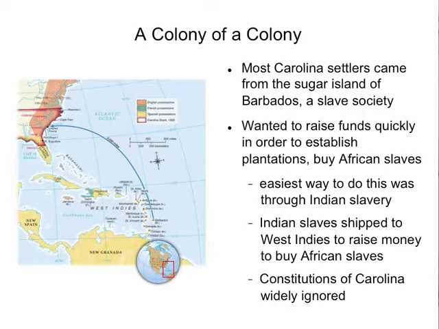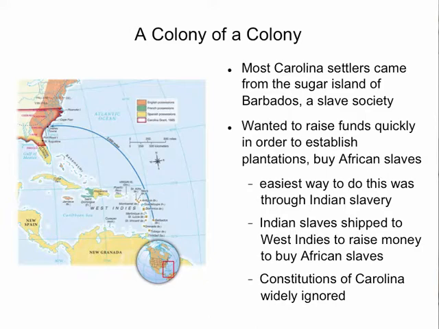And so, very quickly, Carolina acquired a large number of African slaves, primarily because of this Indian slave trade that was really so important in the early history of the colony in setting up the system of racial African slavery. And so, the rule in the constitutions of Carolina against enslaving Indians was basically ignored.